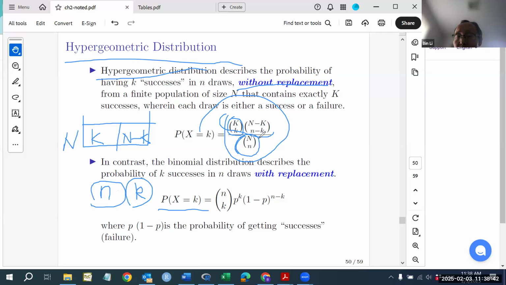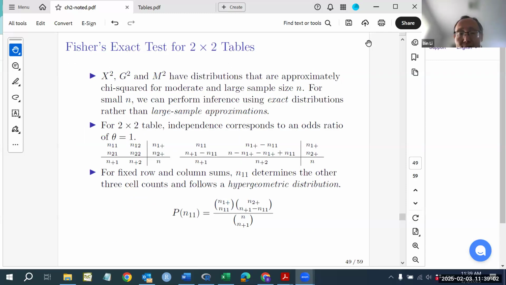So this is the total number of ways we can get n different balls from the capital N. So the ratio is the probability of getting that. Okay, so that's the hypergeometric. So if you understand that, then you can easily find out this is a hypergeometric. Why? Because you can think about this is the population size, capital N.